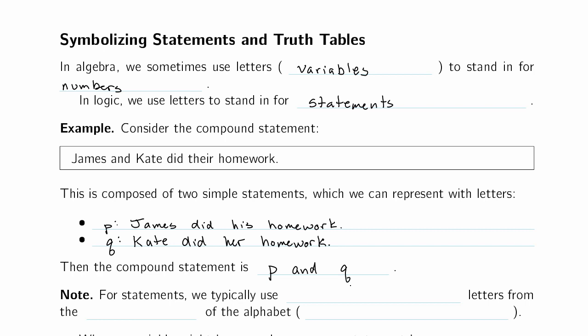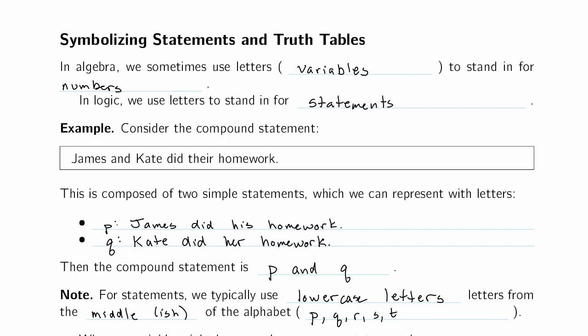In logic, we like to use lowercase letters, depending on your textbook, but for this course, we'll like to use lowercase letters from the middle to late part of the alphabet, like P, Q, R, S, T. If we need more than that, we might do L, M, N, O. We don't like to use O as a variable because it looks like a 0 and that's a mess. But P, Q, R, S, T will be our usual letters.